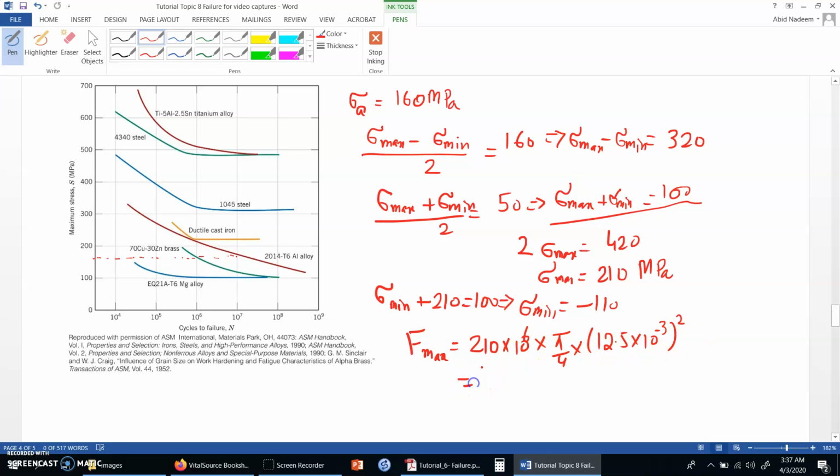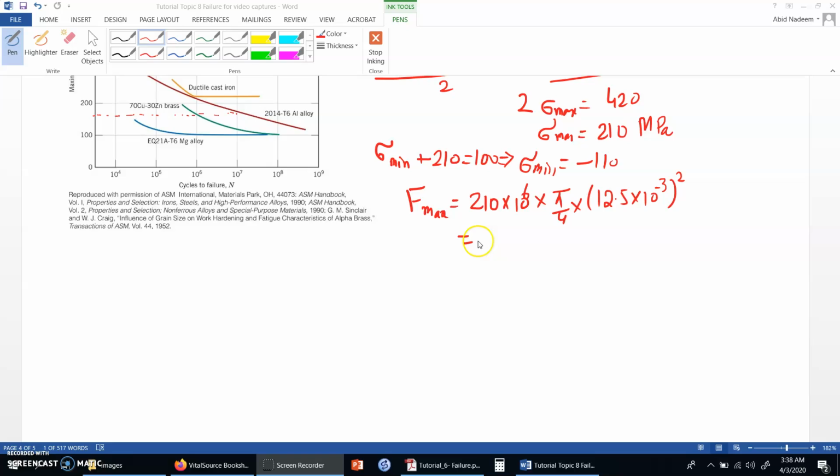So in this case the maximum force will be 25,771 Newton, or 25.8 kilonewton.